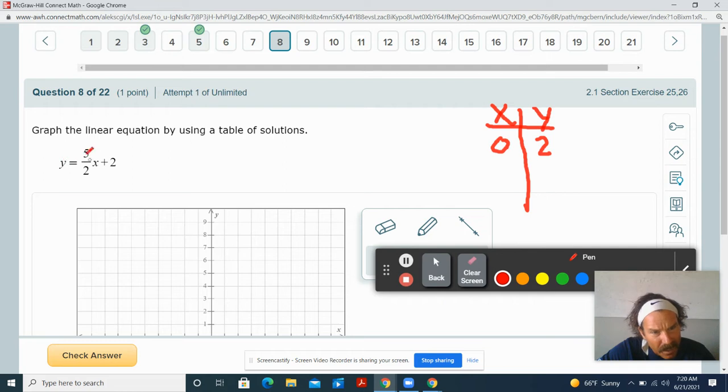Now the y and the x are on either side, so I'm going to choose another number for x besides 0 that I can take 5 over 2 or 5 halves of, and numbers that are easy to take 5 halves of are multiples of 2. So I'm going to choose 2 for x.